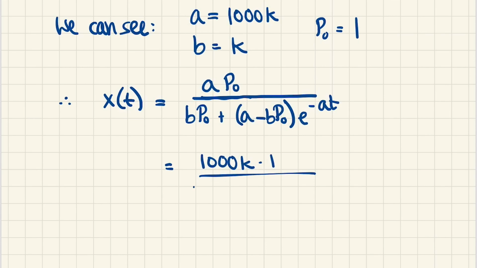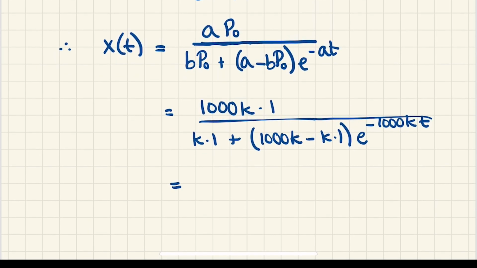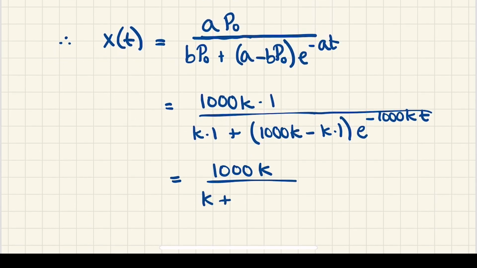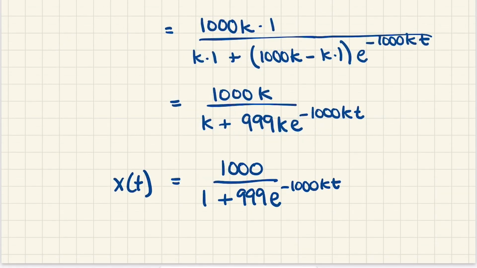Our B is simply K, so we have K times 1 plus A, which is 1000K minus K times 1, e to the negative A, 1000K times T. This cleans up a little bit further. We can divide everything by K. All right, so this would be the solution to that particular initial value problem.